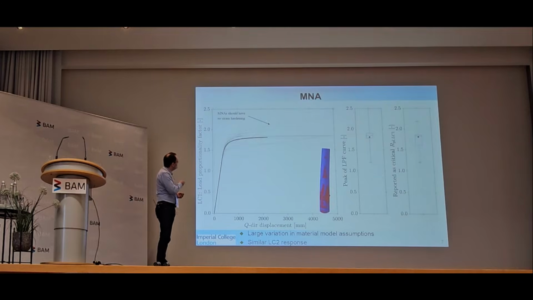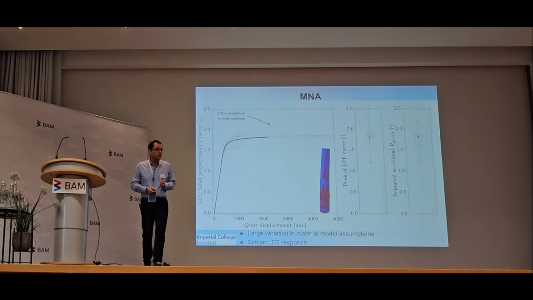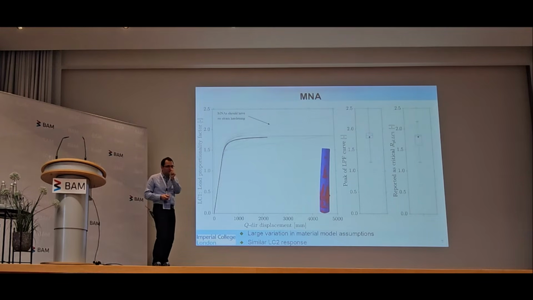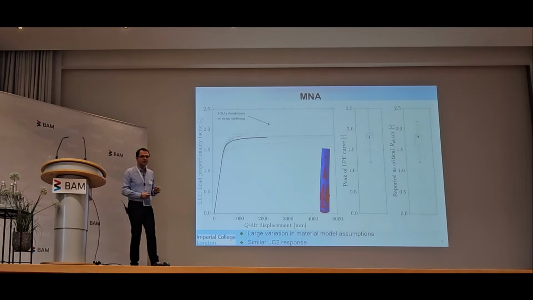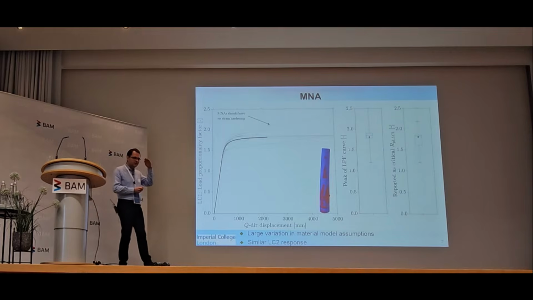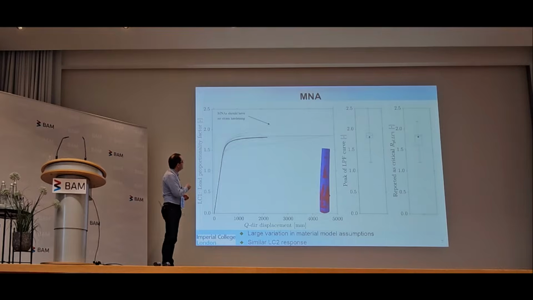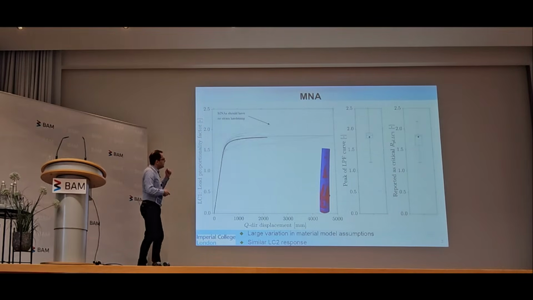So there should be no significant strain hardening in an MNA model. There is some allowance made for a very tiny amount, just if your solver needs a little bit of numerical stability. I think it's E over 100,000 as the tangent modulus for strain hardening, but no more than that. So already that's a result.